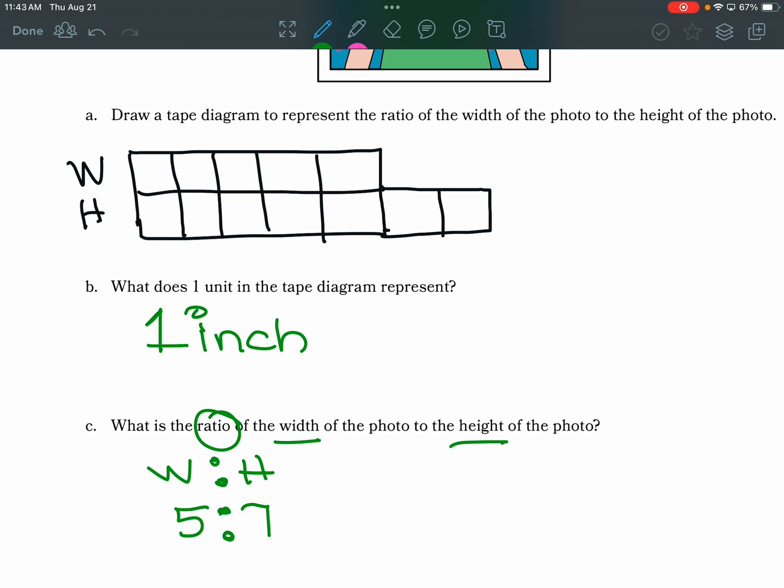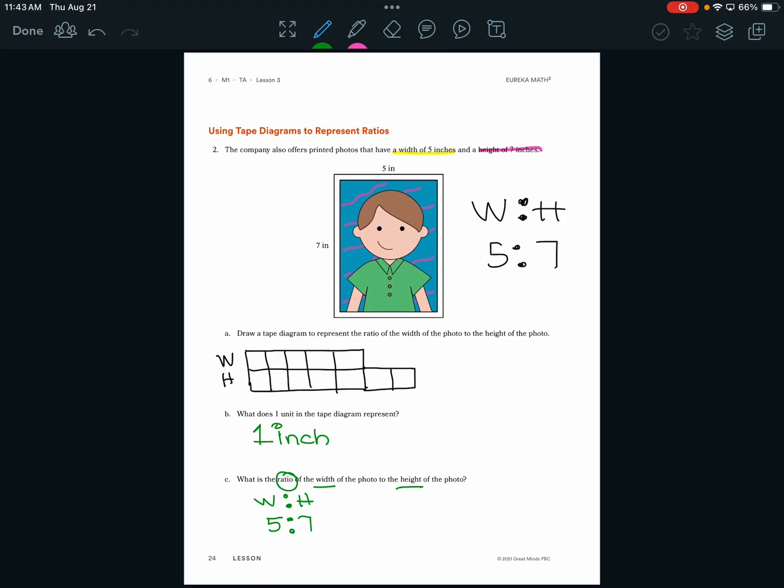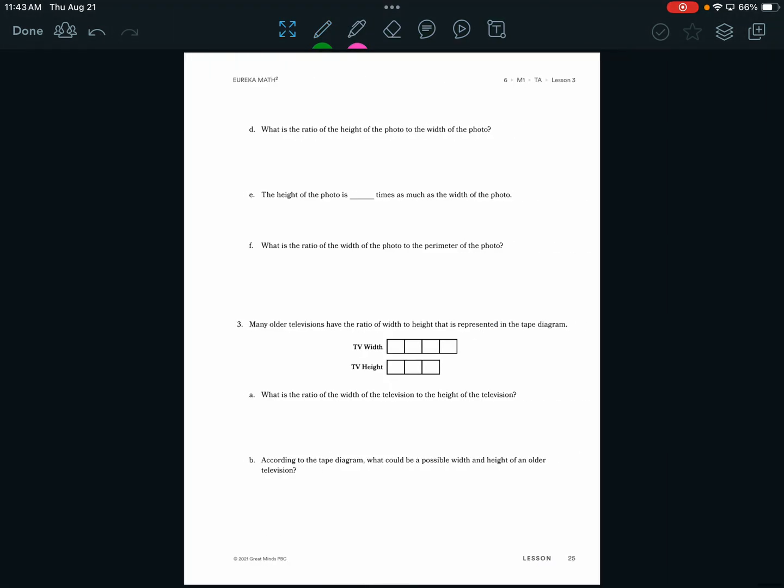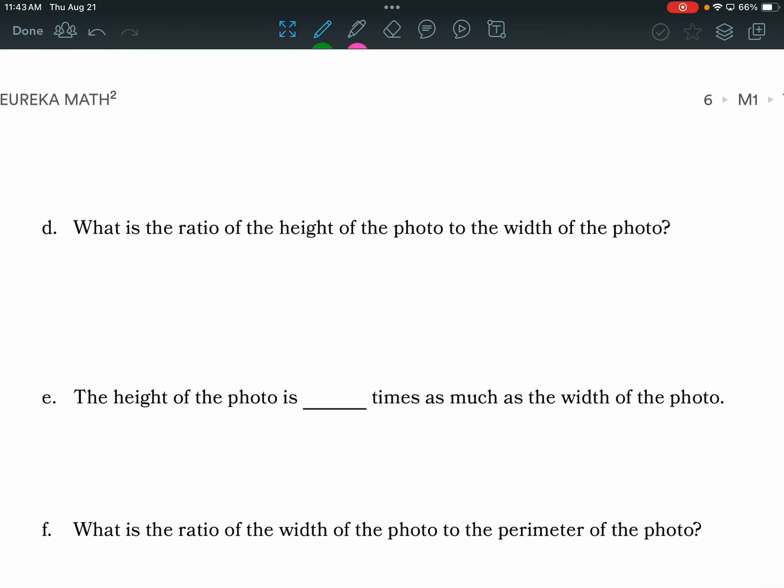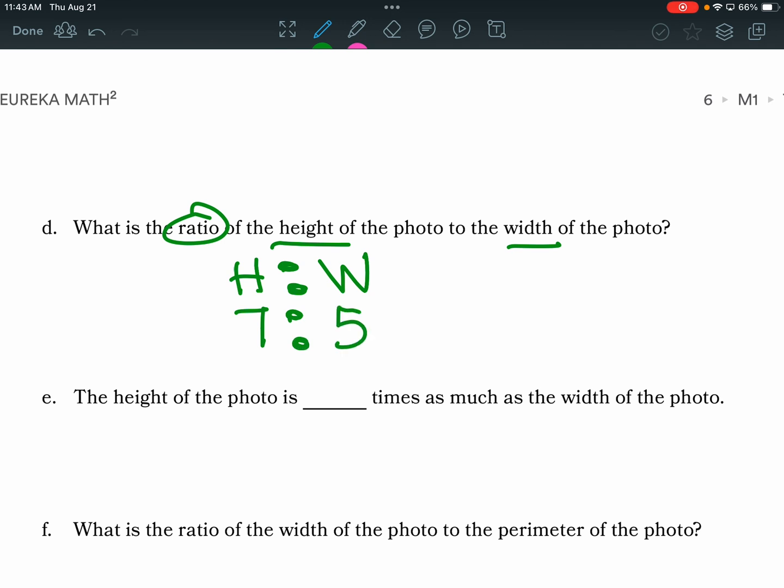Okay, you guys are lucky because you can still see the last page, right? So, now they're going height to width. So they're flipping it on us. It was width to height. Now we're height to width. What's the height? 7. What's the width? 5.